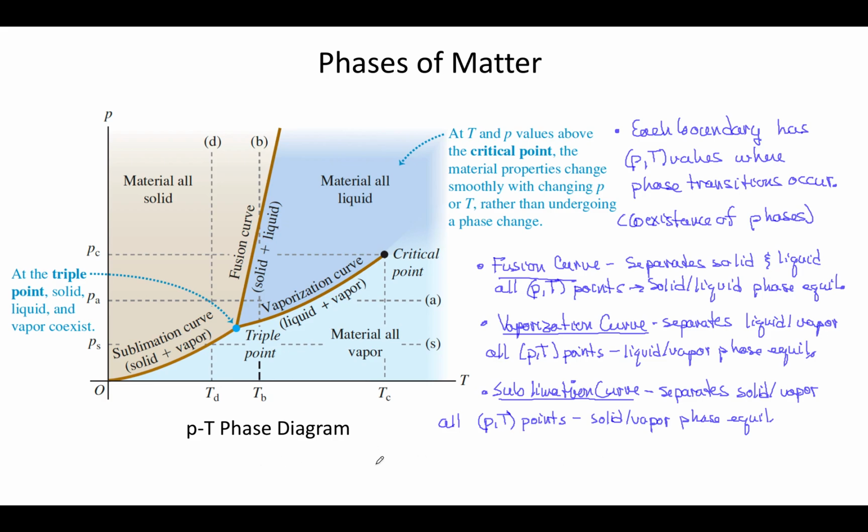There is a triple point, and I'll add that in here. Triple point, T-R-I-P-L-E. And you can see it's called the triple point on the diagram because the three curves intersect at that point.